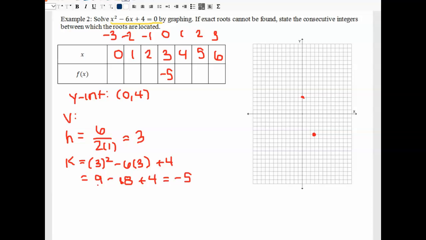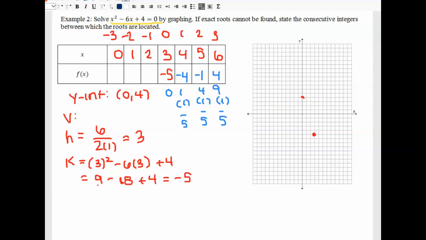And then you can apply your y = a(x minus h)^2 plus k. So your squares go 0, 1, 4, 9. My a is 1, and my k value is negative 5. So 1 times 1 is 1 minus 5 is negative 4. 4 times 1 is 4 minus 5 is negative 1. 9 times 1 is 9 minus 5 is 4.